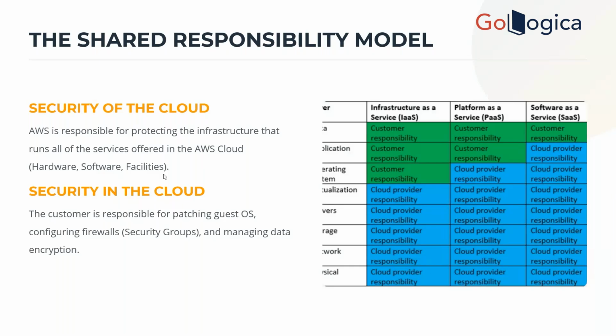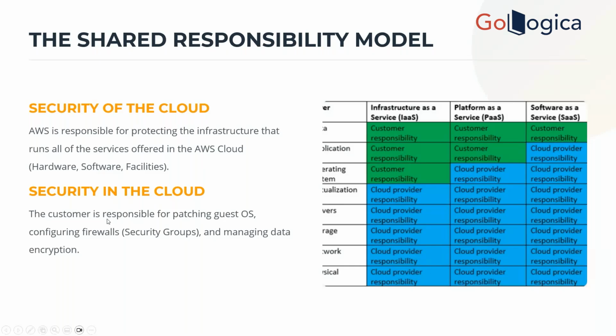And then what is the responsibility of the customer? It is security in the cloud. When we say security in the cloud, customers are responsible for what they are doing inside the cloud.